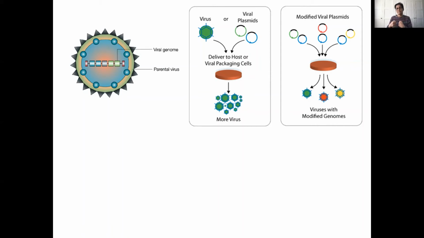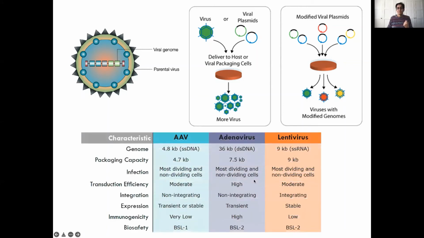So these viruses which are used are of different types. The most commonly used are the adeno-associated viruses, adenoviruses, and lentiviruses. I don't want you to pay too much attention to the types of viruses, just that they have different types of DNA or RNA, so the genome could be different.